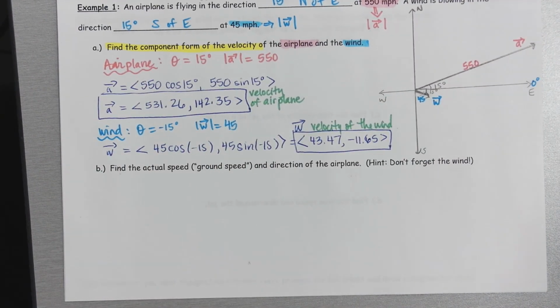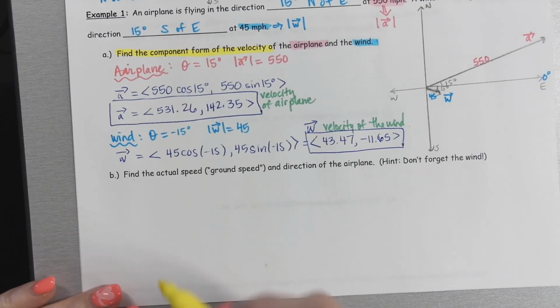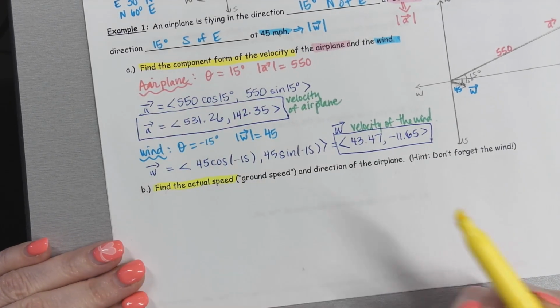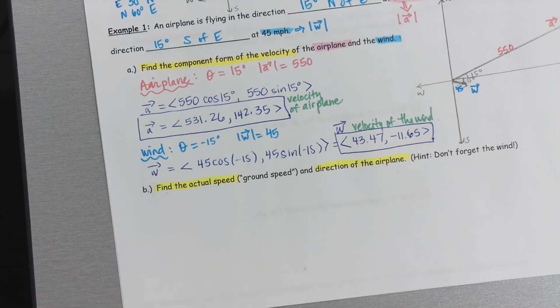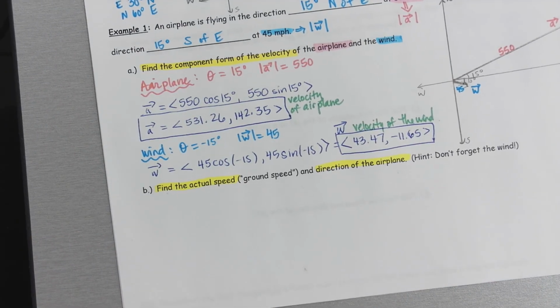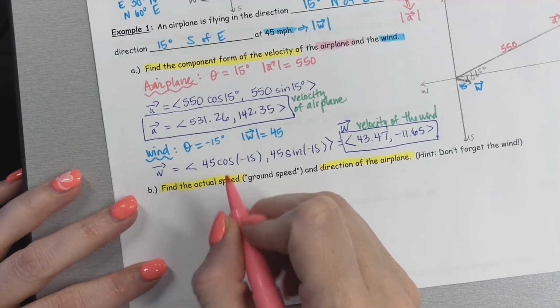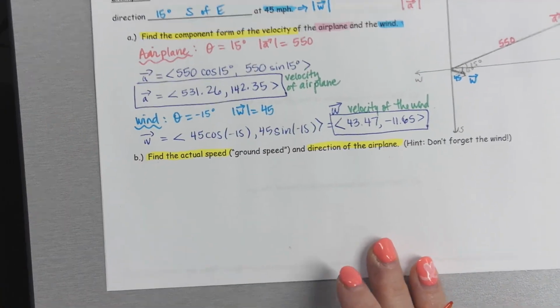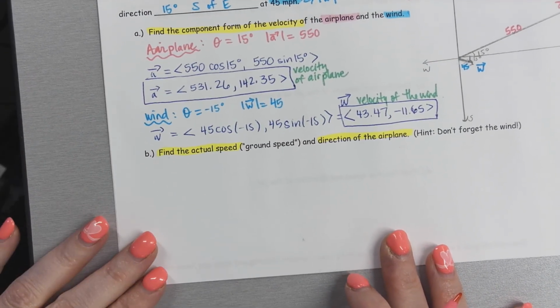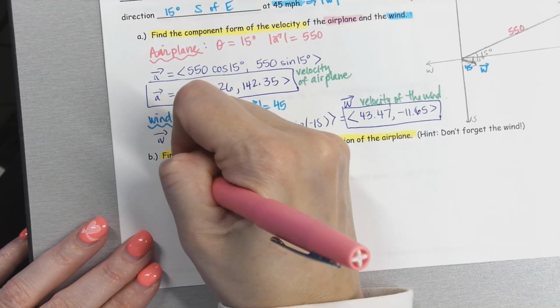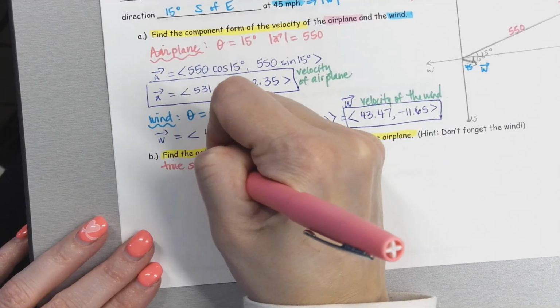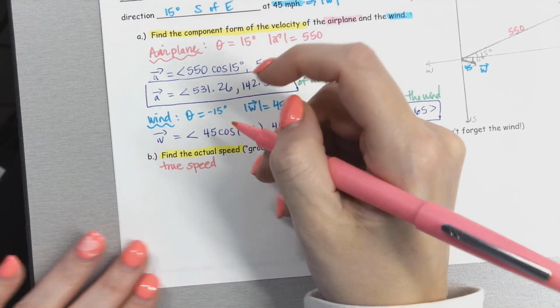All right, now we are going to find what is called the actual speed or ground speed, and we're going to find the direction. And I said hint, don't forget the wind, but I'm not going to let you forget it. We're going to talk about it. So anytime you're finding the actual speed, there's a few different names. It might say actual speed, it might say ground speed, or it might say true speed. All of those mean the same thing.